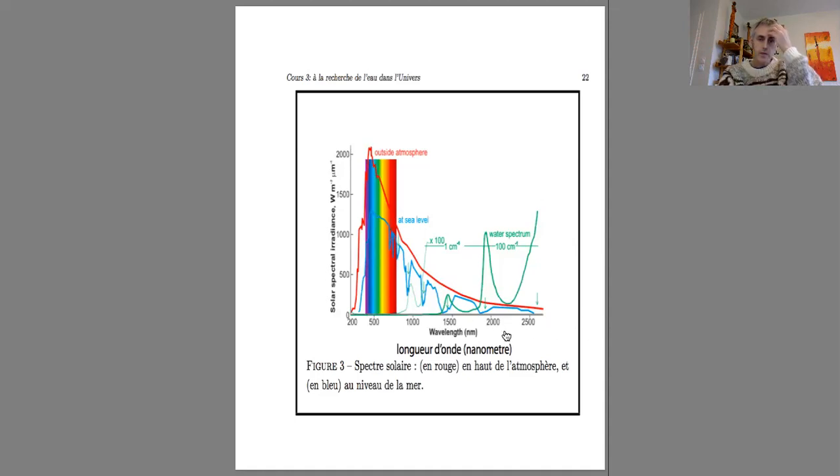In this case my wavelength is now in nanometers, going from 200 nanometers to 2,500 nanometers, so that would be 2.5 micrometers, right? A micron is a millionth of a meter. A nanometer is 10 to the minus 9.